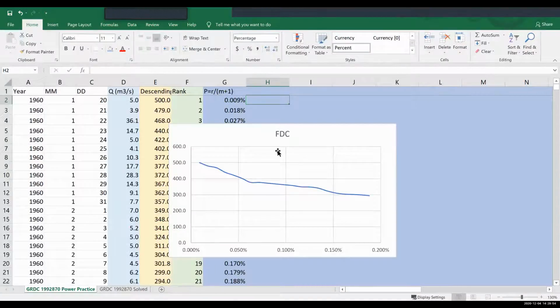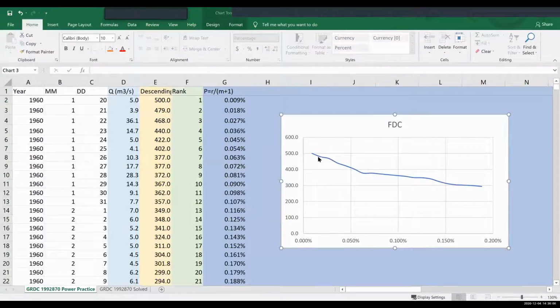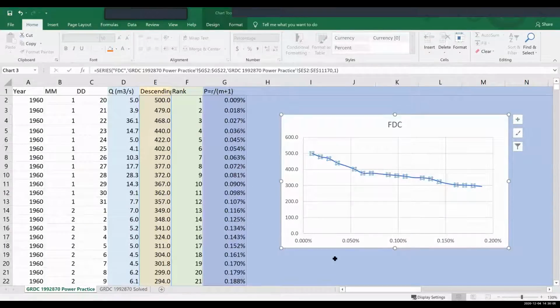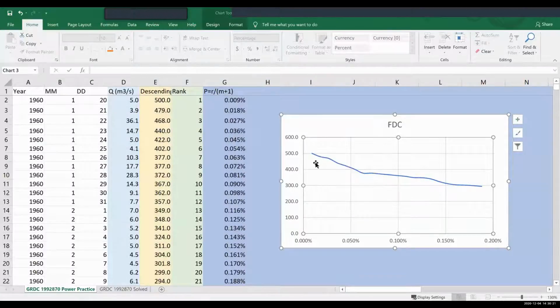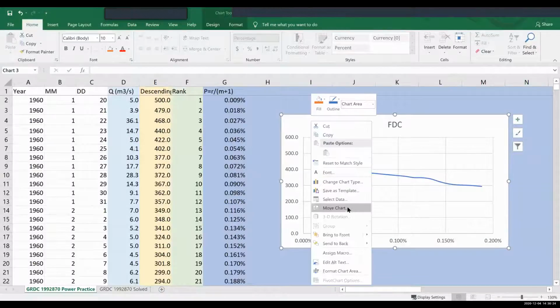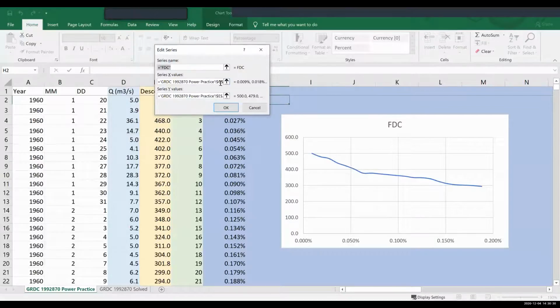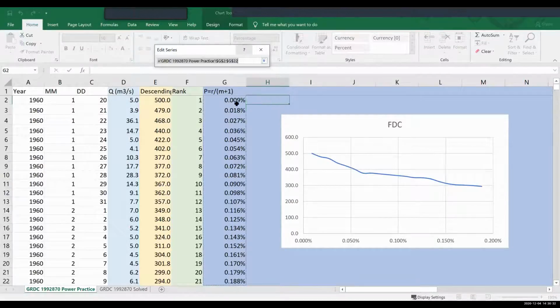I think I made some mistake somewhere. I think there was some mistake in the formula I used. Let me do it again. Edit. This is the series x-axis.